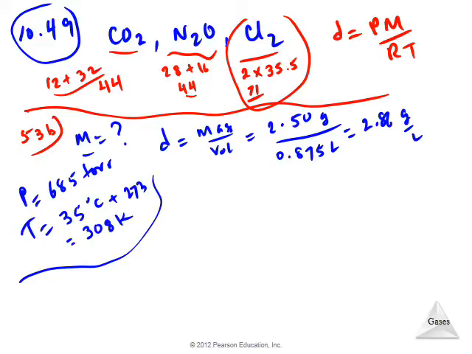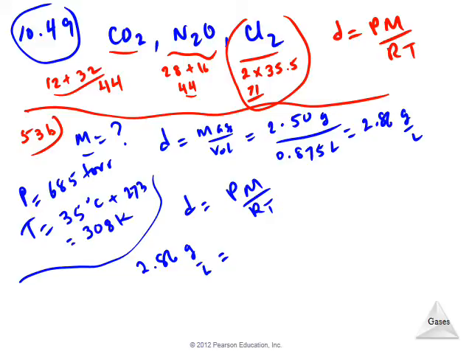Now we are going to use the formula D equals PM over RT. And the density value we already know, 2.86, which has the unit of gram per liter, so mass over volume. Pressure, they gave you the pressure unit, and the pressure has to be in atmosphere because it has to be consistent with the unit of R, which is 0.0821 liter atmosphere per degree Kelvin per mole.